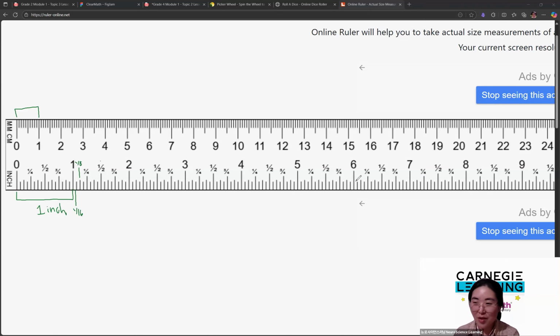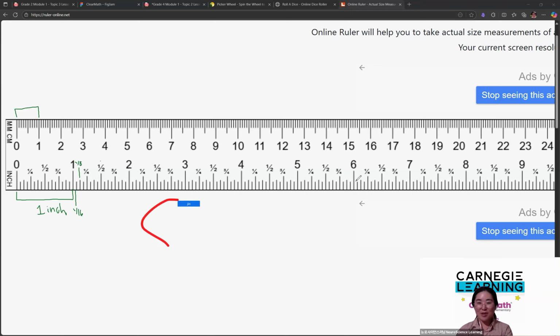So please grab whatever you have close to you and measure it on the screen in inches. So I have my pen here. I can put it against my computer screen and I can measure how long it is in inches. And I can tell you it's about 4 inches long.